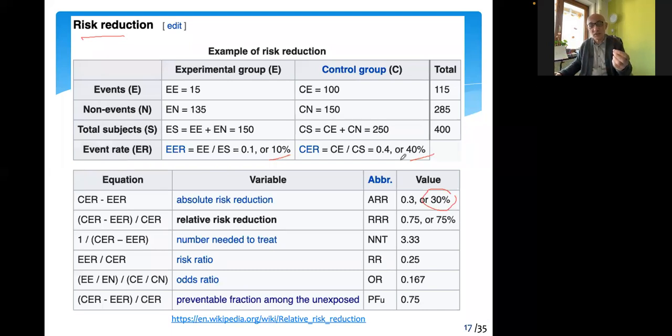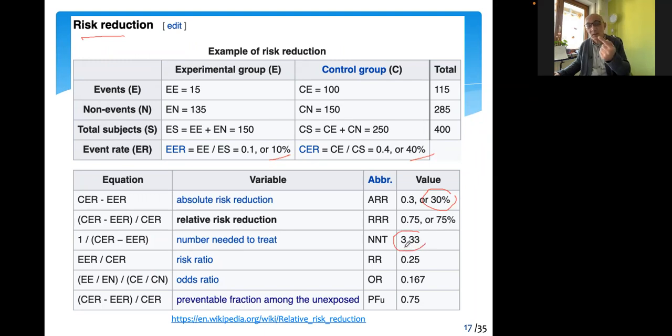Absolute risk reduction is important because using it we can calculate the number needed to treat. 1 over absolute risk reduction gives me the number needed to treat. Here it is 3.